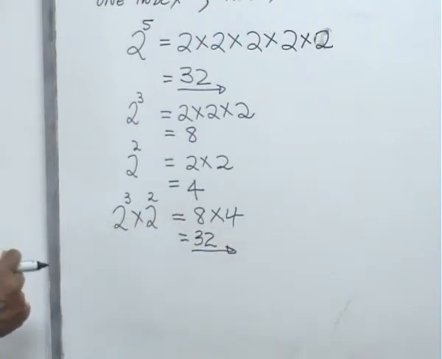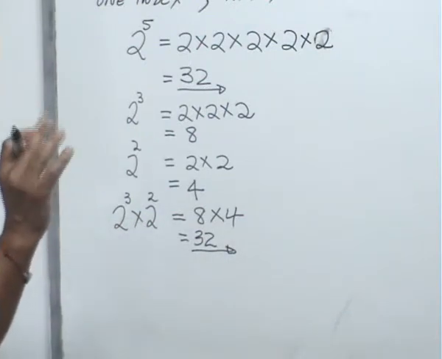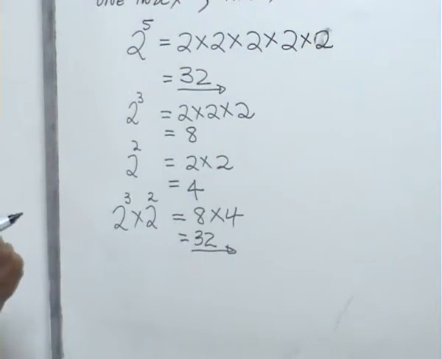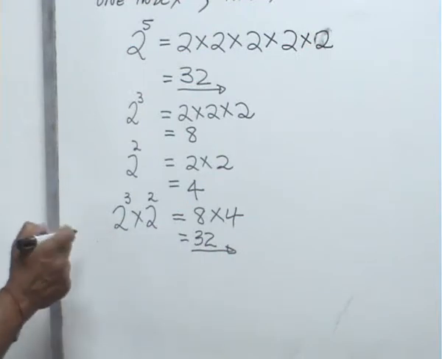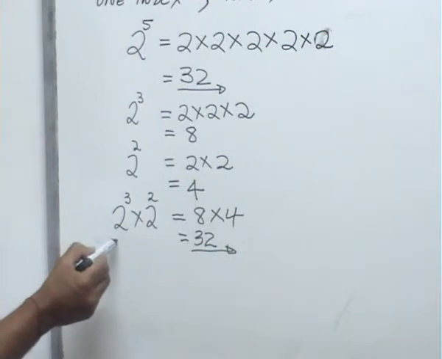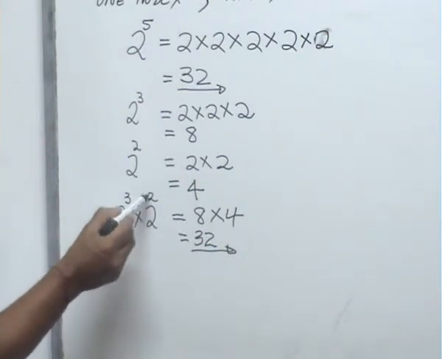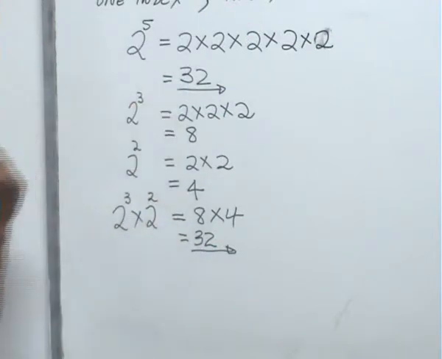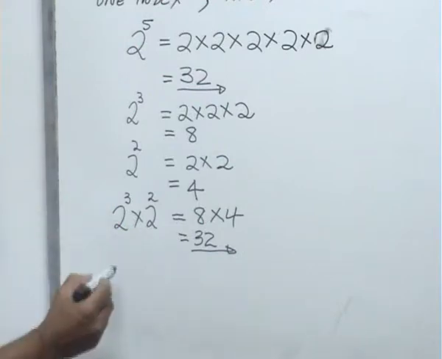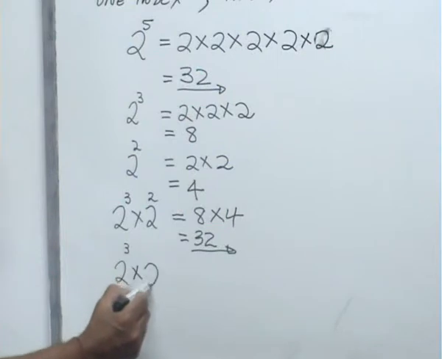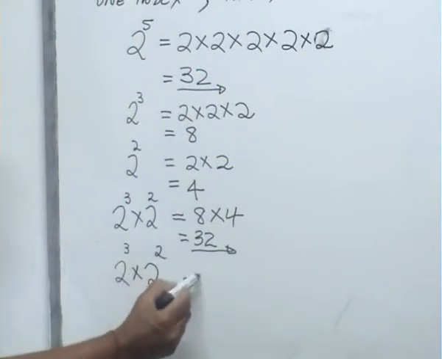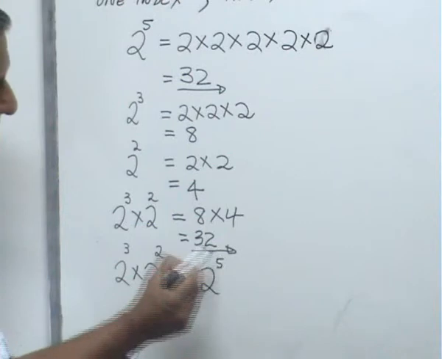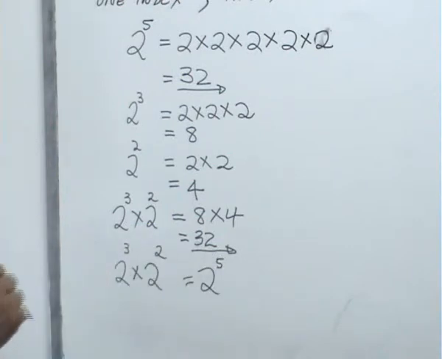And when this happens, some bells start ringing in your brains because you realize, oh, I see something very exciting over here. 2 cubed times 2 to the 2 is giving you 32. And 2 to the 5 is also 32. So you realize that, look, 2 cubed times 2 squared is really 2 to the 5 by conducting this little experiment.